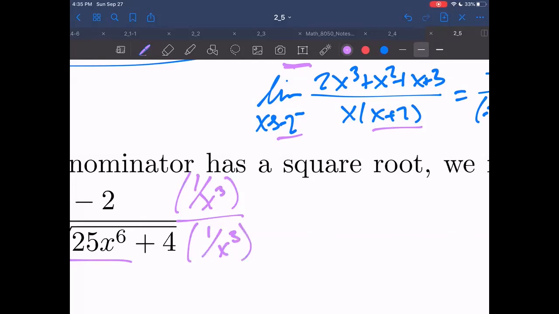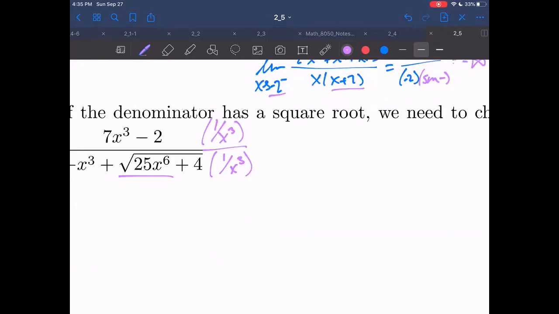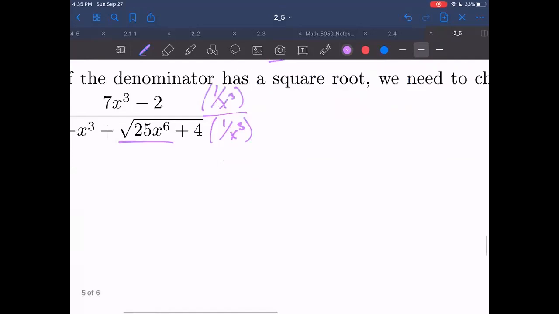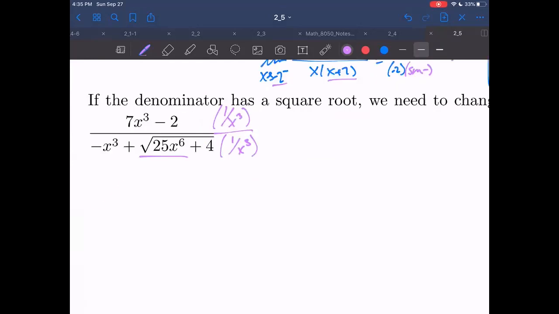Okay, and then we do most of it exactly the same, and we just have one little thing that we do instead. So let's do the limit as x approaches positive infinity. We multiply everything by 1 over x to the 3rd, and we get 7 minus 2 over x to the 3rd over -1 minus 1 over root x squared.